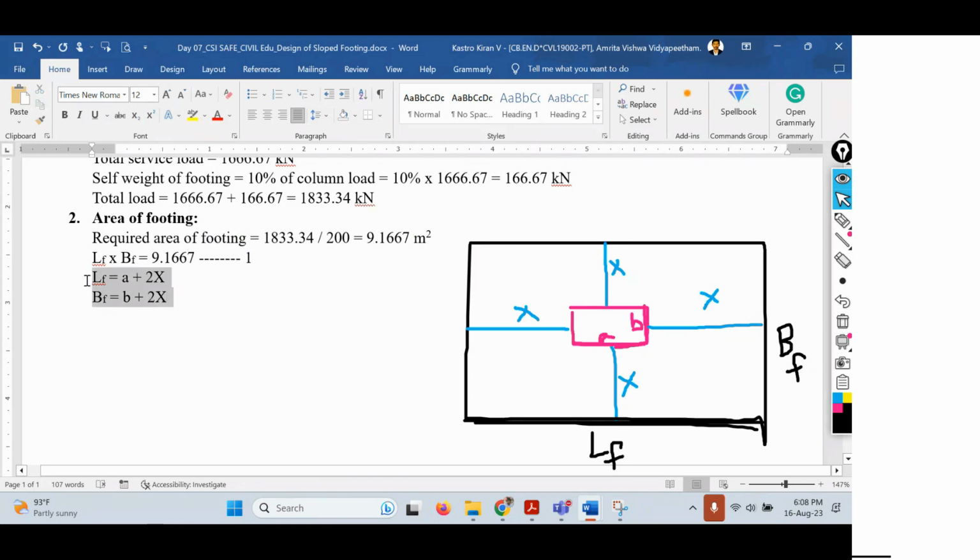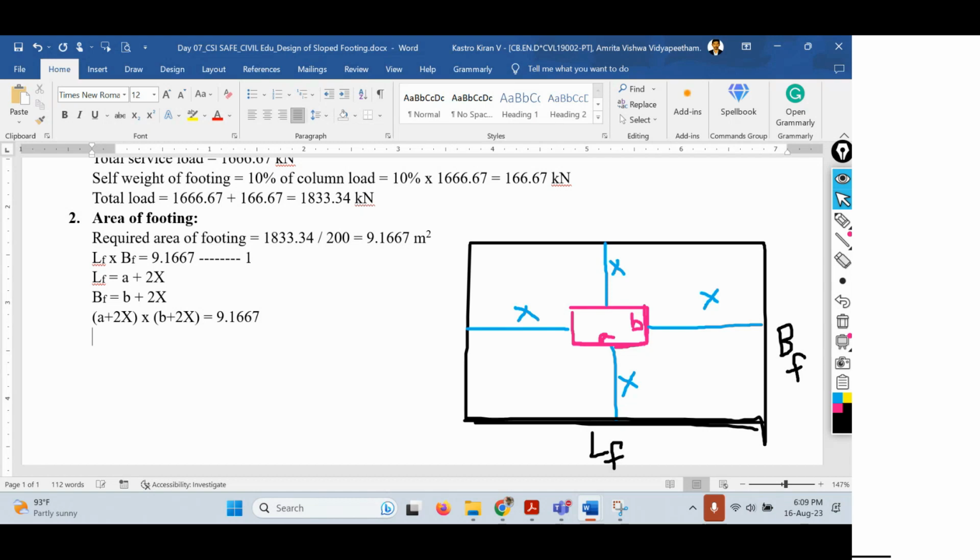So substitute the LF and BF values in equation 1: LF is a plus 2 times x, into BF, b plus 2 times x, equals 9.1667.